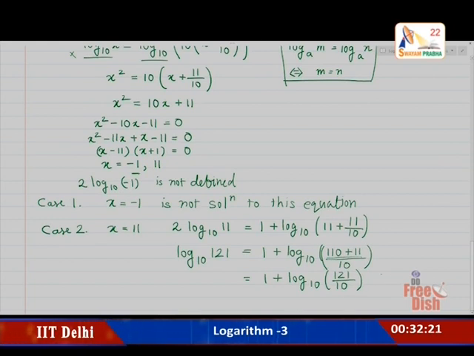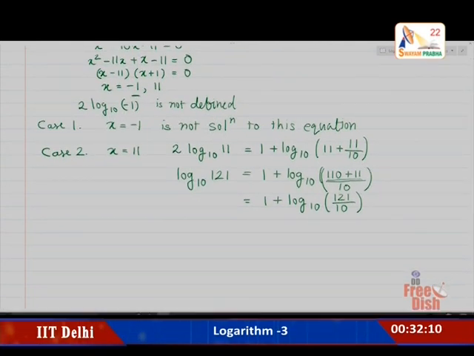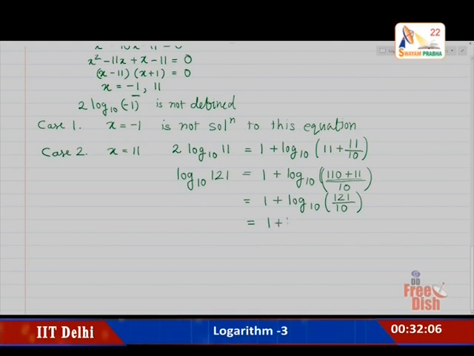But this is nothing but of the form m by n. Therefore I can use the division rule or division law or quotient law we call, is equal to 1 plus log to the base 10 of 121 minus log to the base 10 of 10.